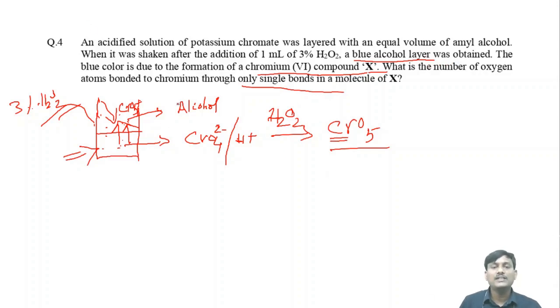Then you have to identify, here X is CrO5. You have to identify oxygen atoms bonded to chromium through only single bonds. What is the structure of CrO5? This is the structure of CrO5, so 5 oxygens will be attached.